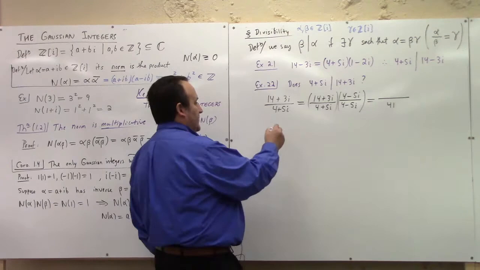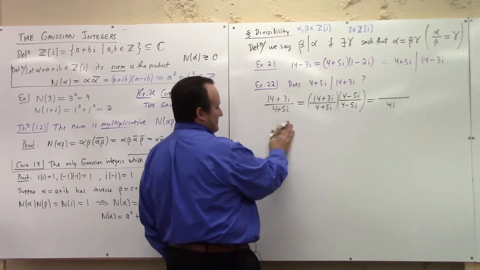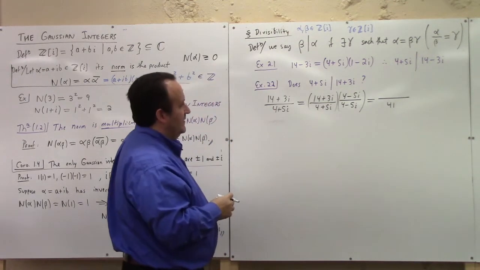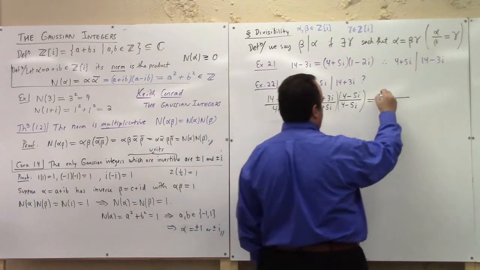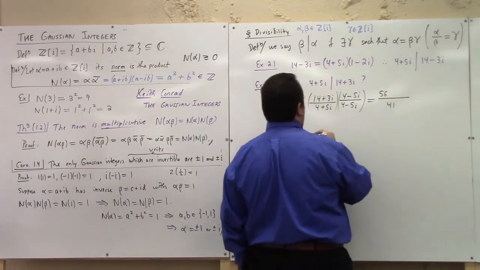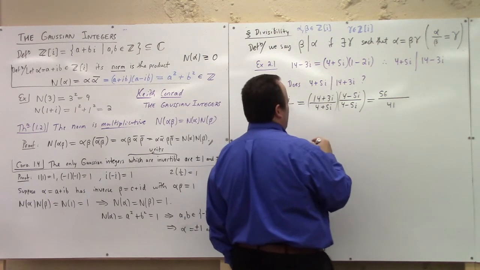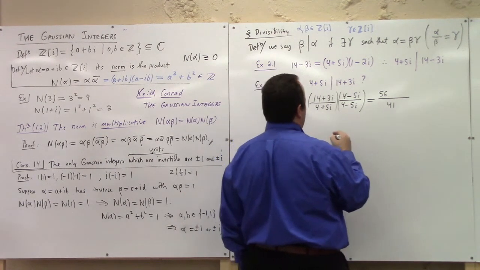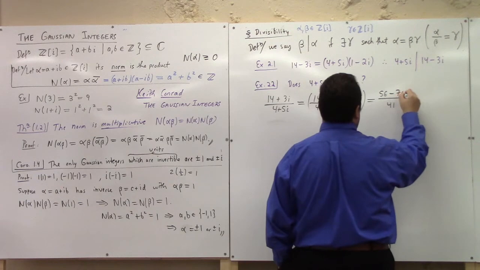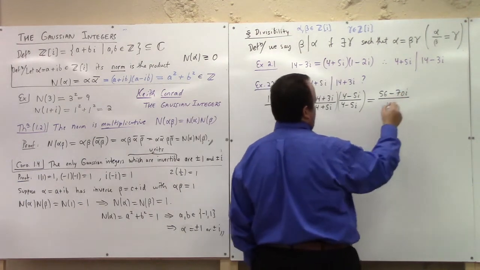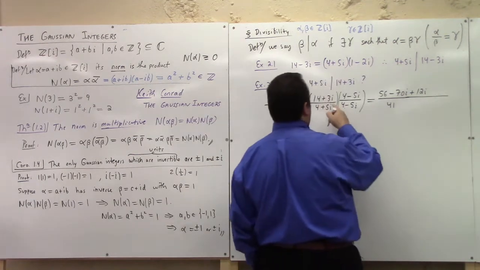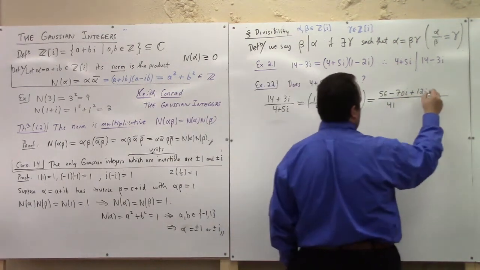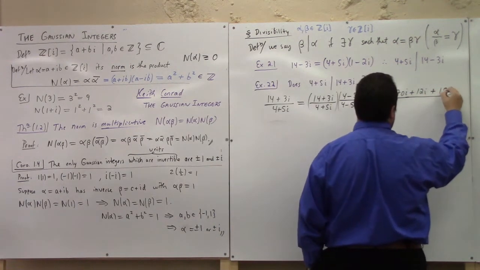Now upstairs: 14 times 4 is 56, and 14 times 5 is 70, so minus 70i, plus 12i, minus 15i squared, which is plus 15.